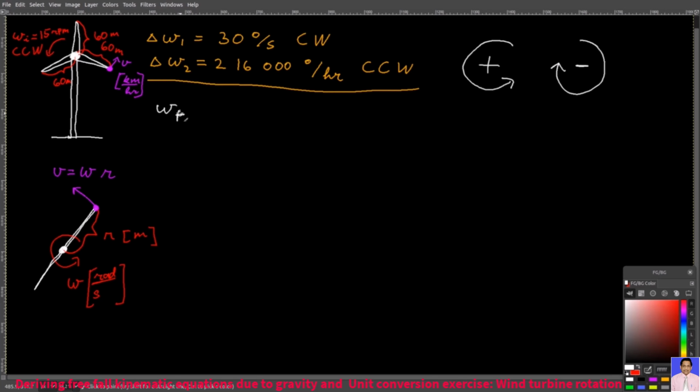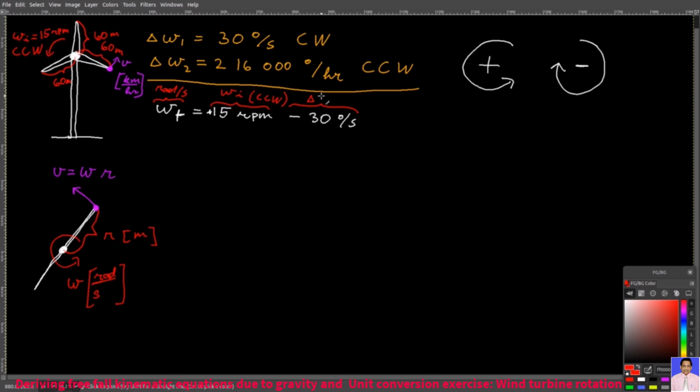Omega final, and remember, it had to be in radians per second, equals 15 RPM, that's omega initial, and remember, it's counterclockwise. That's why you have a plus sign here. Then the first change is minus 30 degrees per second.